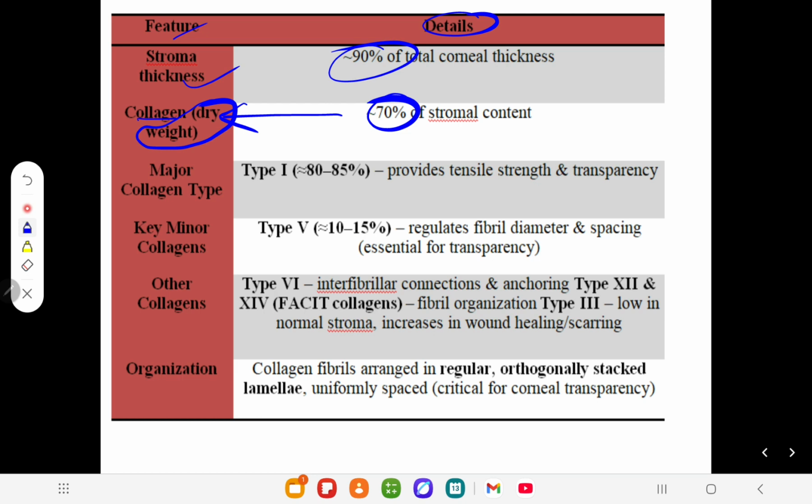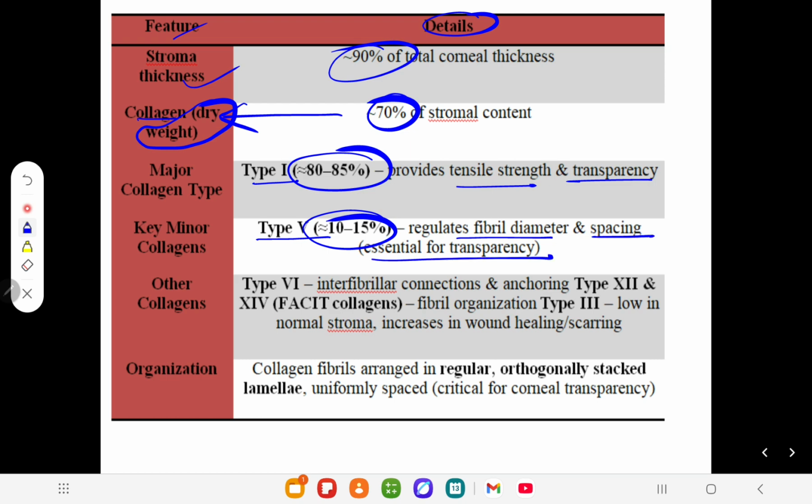In collagen, type 1 is predominant, 80 to 85%, providing tensile strength and transparency. There will be a question in your MCQs on this point. Remember, type 1 is the most predominant collagen fiber in the stroma. The other key minor one is type 5, 10 to 15%, with regular fiber diameter and spacing essential for transmission.